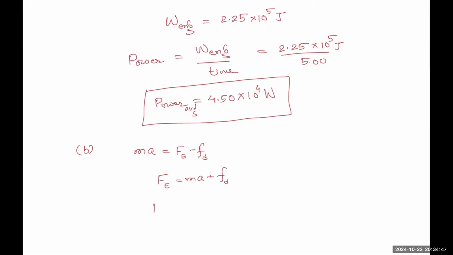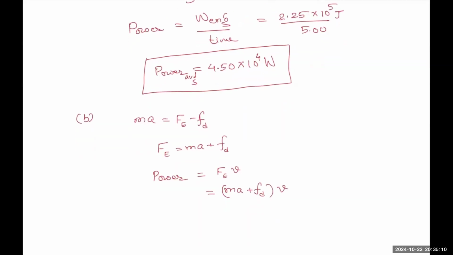So what is power? At any time, the force at that particular time times the speed at that particular time, right? And force at that particular time is mass times acceleration plus drag force, times the velocity, right?